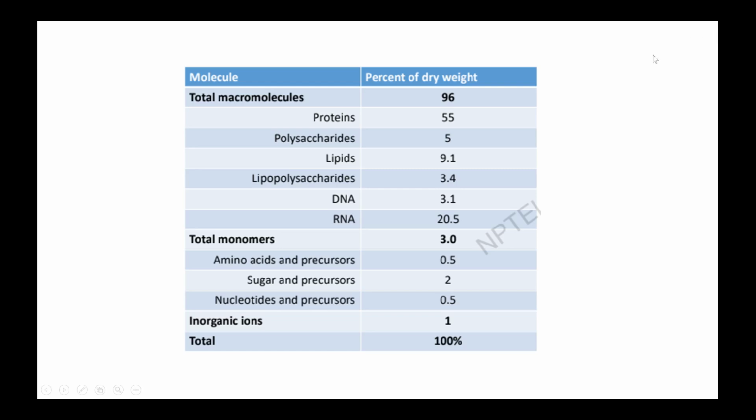So this is the list of the macromolecules. We have different types: proteins, polysaccharides, lipids, lipopolysaccharides, DNA, RNA, etc. Proteins have the major share. These macromolecules comprise 96% of the dry weight, and out of that, proteins contribute 55% of the dry weight of a cell.